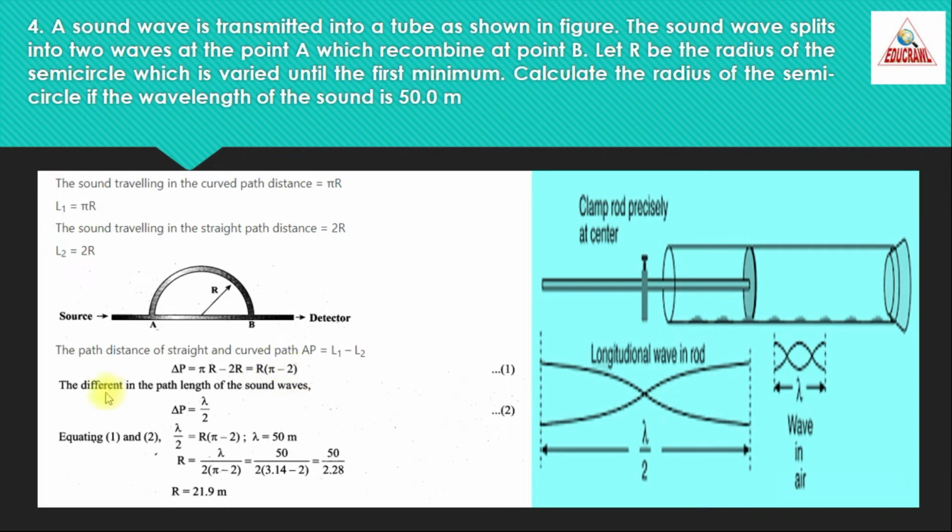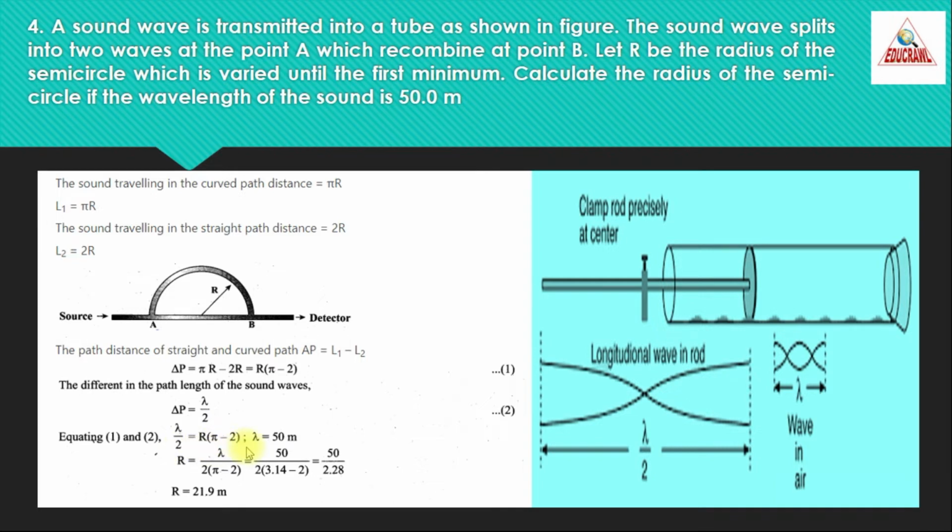We know that the difference in path length is equal to lambda by 2. So we have got two equations for path difference. So in these two equations, the LHS is equal, so we can equate the RHS. So equating the RHS, we get lambda by 2 is equal to r into pi minus 2.